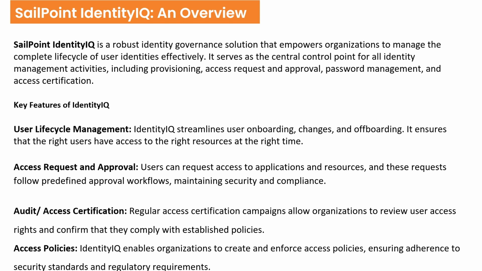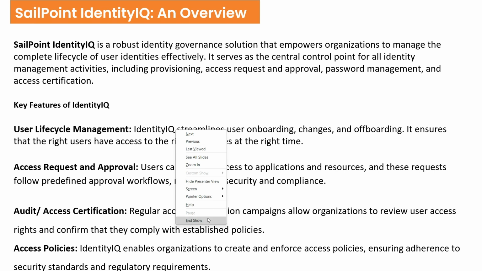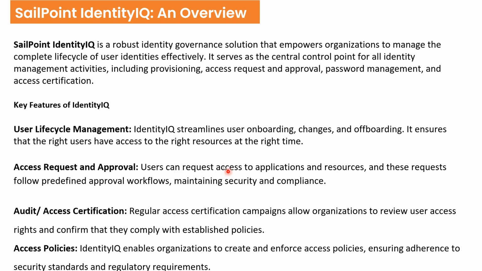And if you talk about the key features of Identity IQ, there is user lifecycle management. So we can do proper lifecycle management, and streamline the process of onboarding a user inside the organization, in terms of managing their offboarding and onboarding. When I say that, I mean JML procedures: joiner, leaver, mover procedures.